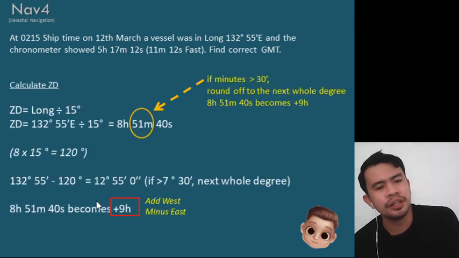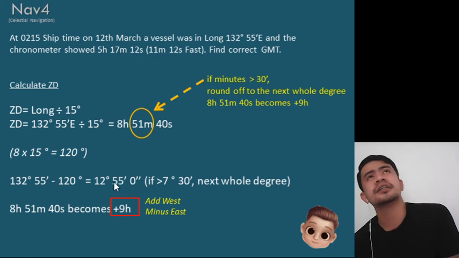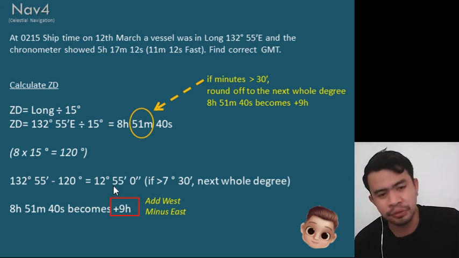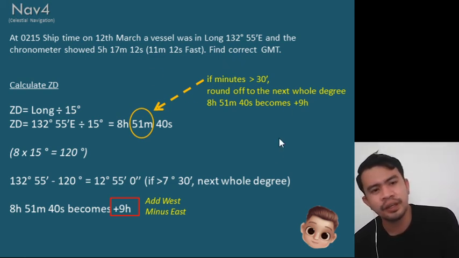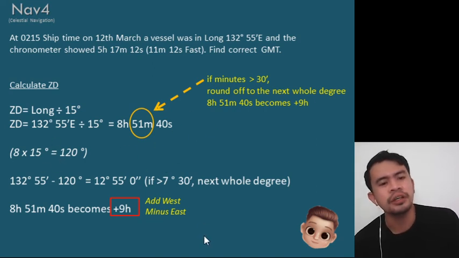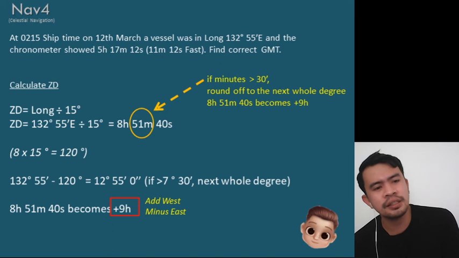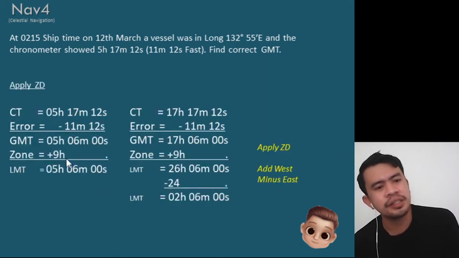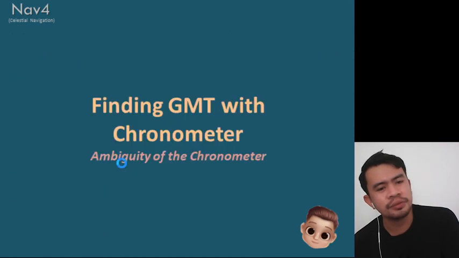Then, we will be solving for the LMT with the use of this longitude. No? So, ang ZD mo talaga is minus 9. But since dito, ang ZD natin is gagamitin siya for us to find for the LMT, so opposite siya. No? Opposite siya.